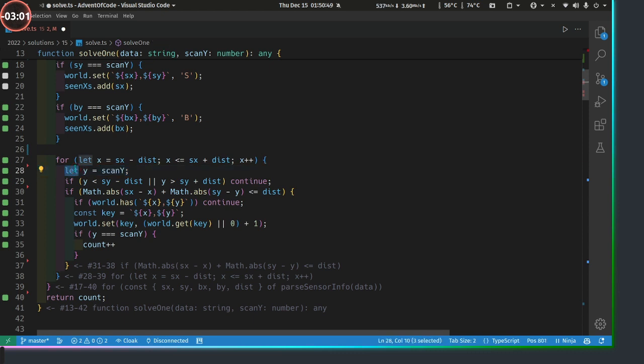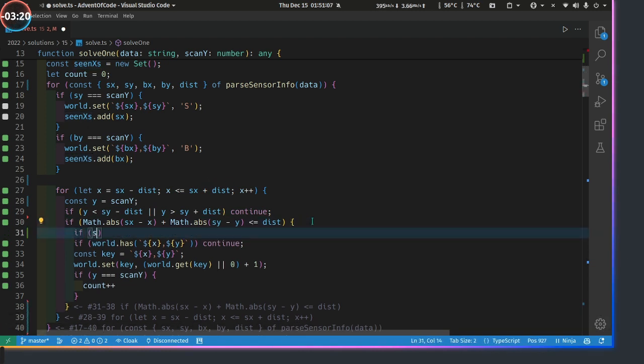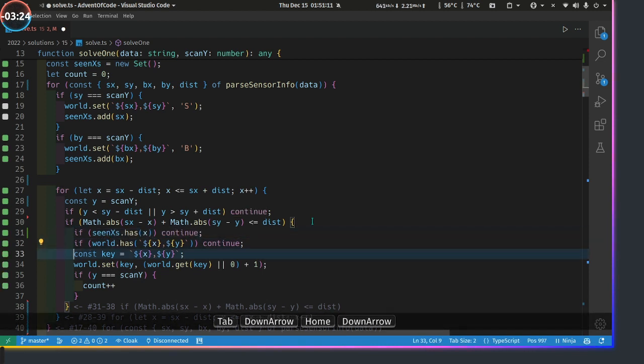Right, and then I say const y. There we go, and then we use the y accordingly. If the world already has it, then toodaloo. Otherwise, access it. So this is where I think I can use the Xs. If seenXs has x, continue.